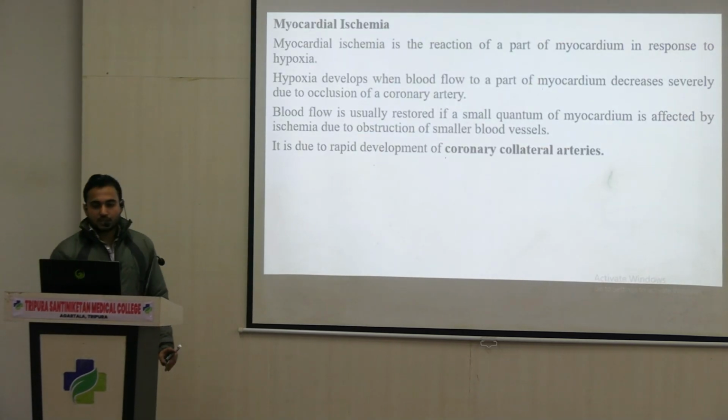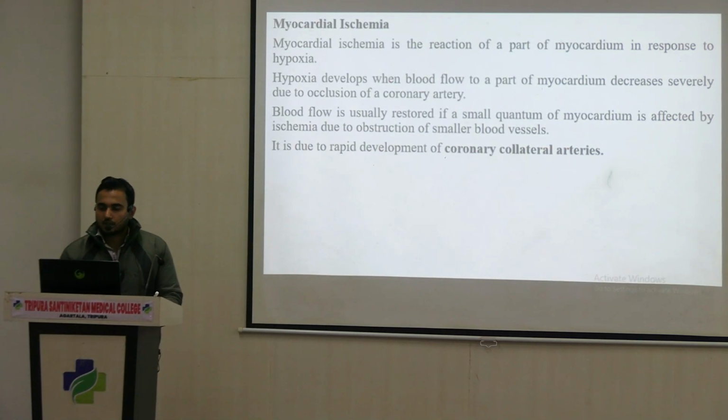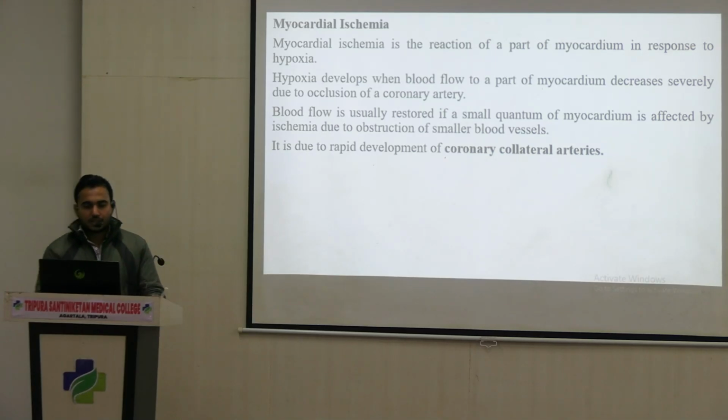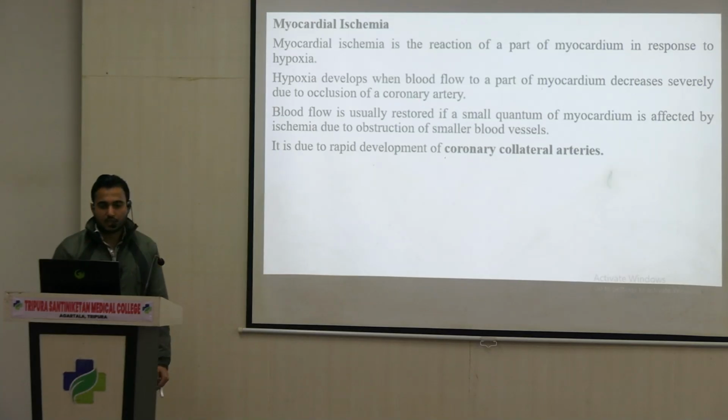Next, myocardial ischemia. It is a reaction of the myocardium in response to hypoxia. Why is hypoxia taking place? Because of the loss of blood supply. Hypoxia develops when the flow of blood to the myocardium decreases severely, especially in the case of occlusion of the coronary artery.